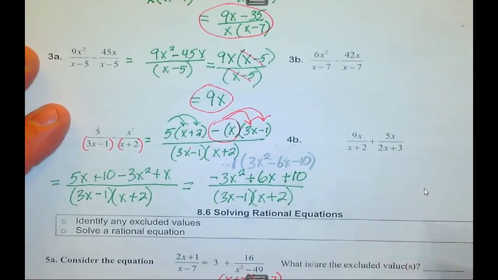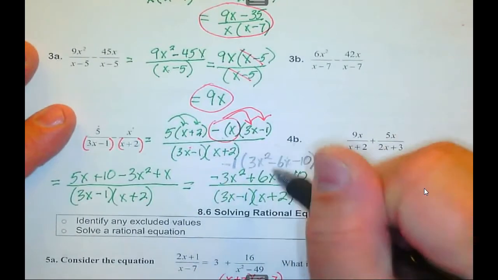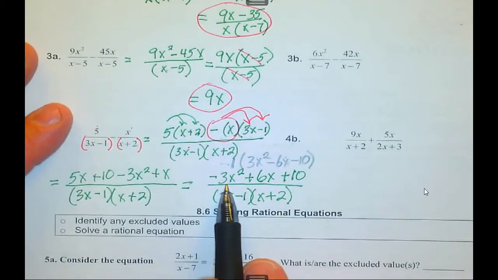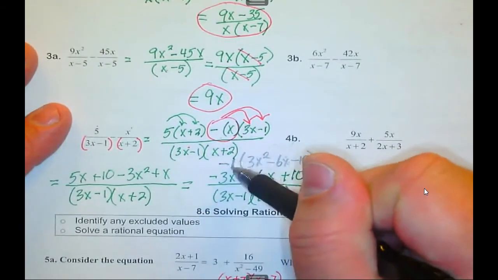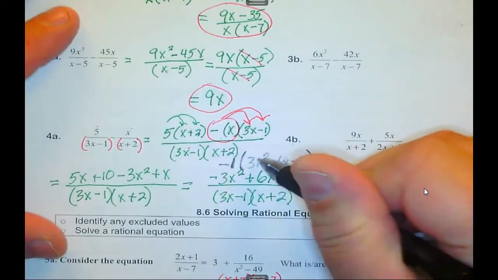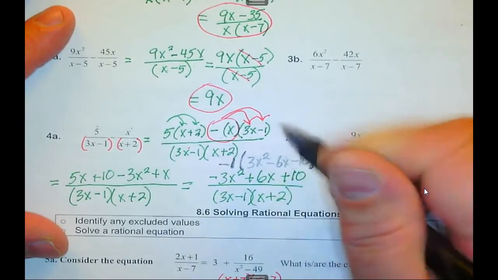See if I can factor this. I'm factoring out a negative because I have a negative in my leading coefficient. So I took out that negative 1, which just changes the signs. So now I'm going to try factoring this 3x squared minus 6x minus 10.